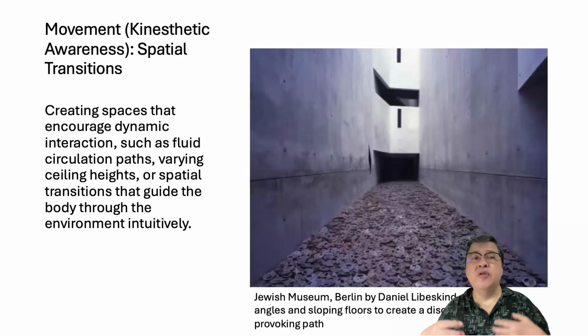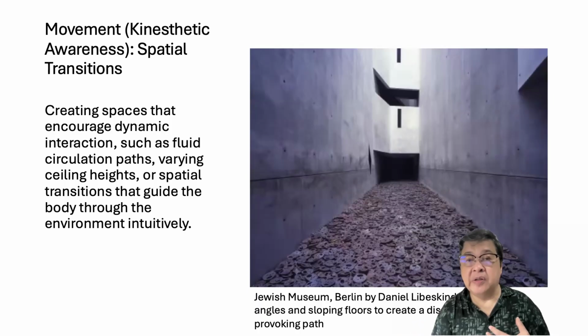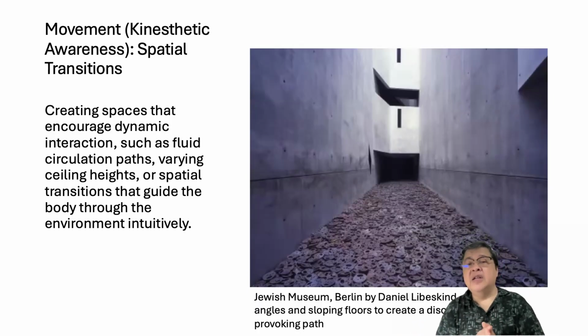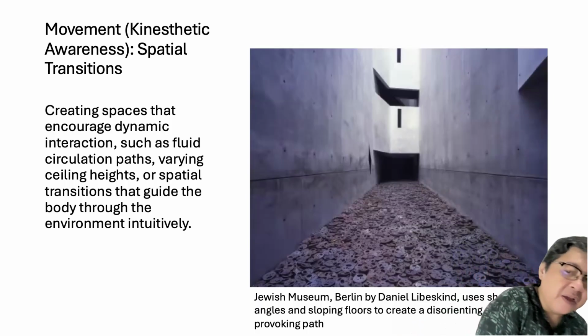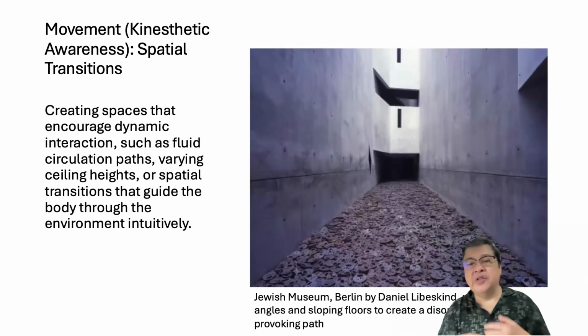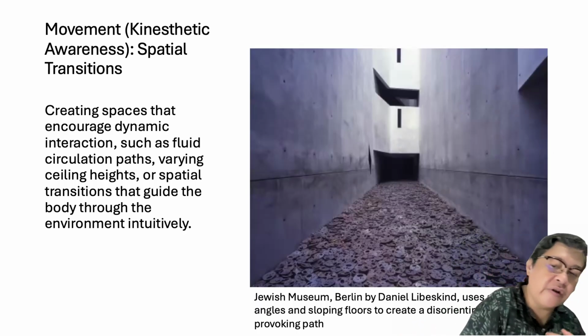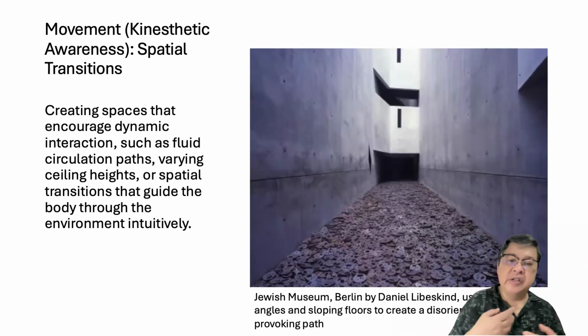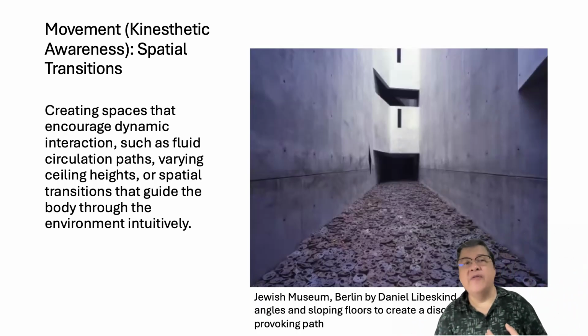Another example of movement or kinesthetic awareness is spatial transitions. Daniel Libeskind has done this effectively in the Jewish Museum in Berlin, using sharp angles and sloping floors to create a disorienting experience and a provoking path, because the Jewish Museum depicts Jewish people's histories, and it is in Berlin.